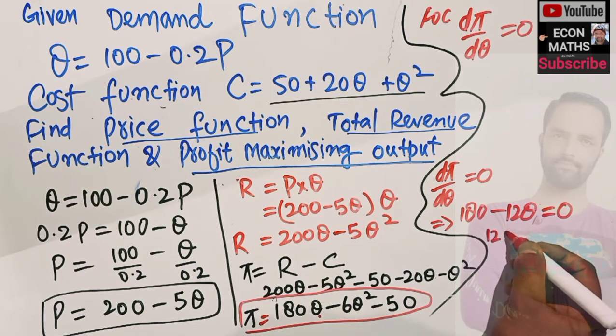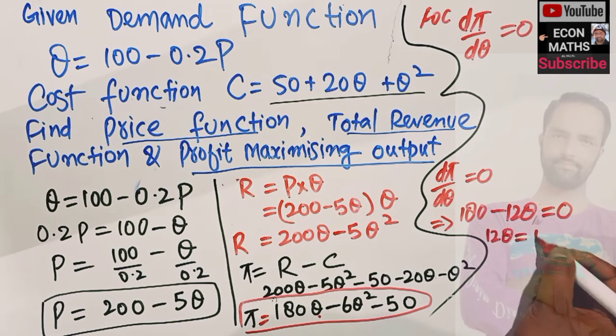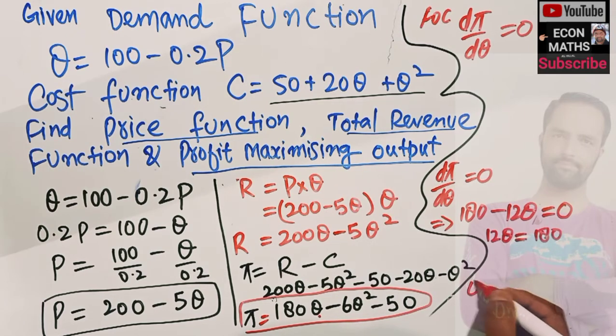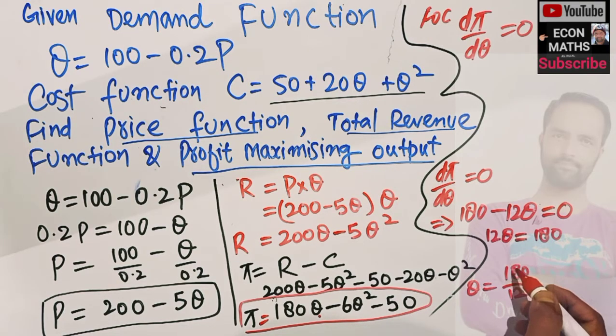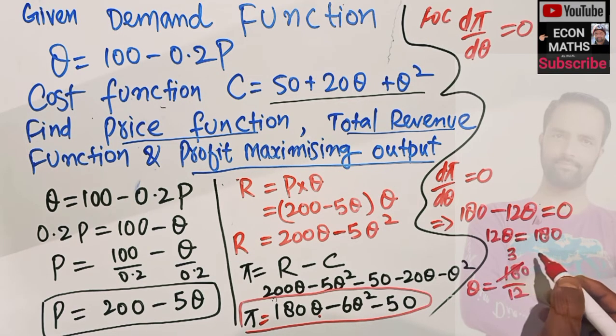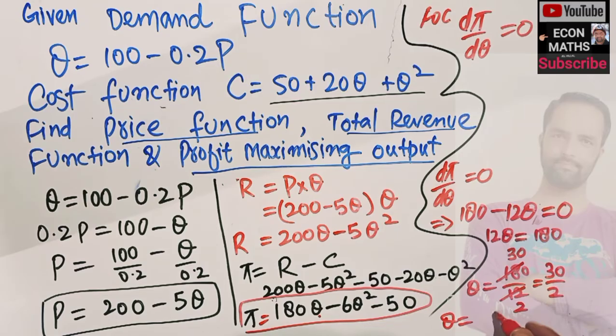If I transpose it, it becomes positive, equal to 180, which gives us Q equal to 180 upon 12. 18 and 12 are divisible by 6, so we get 30 upon 2, which means Q will be equal to 15. That means our profit maximizing output will be 15. I hope I made myself clear. Thank you.